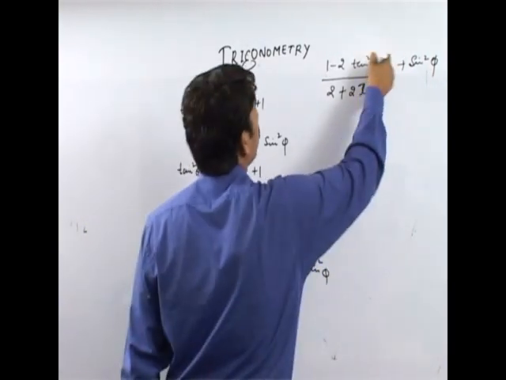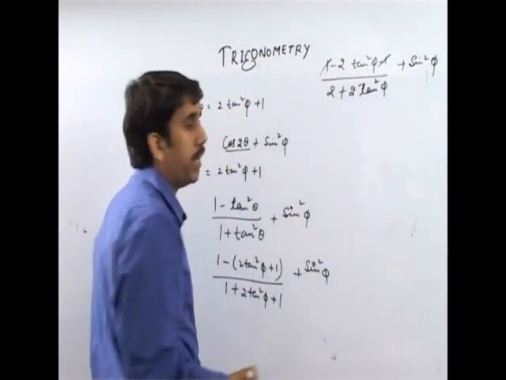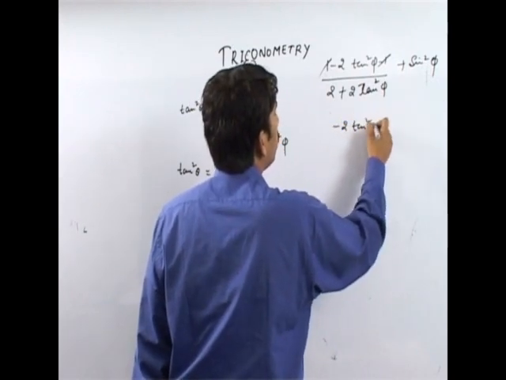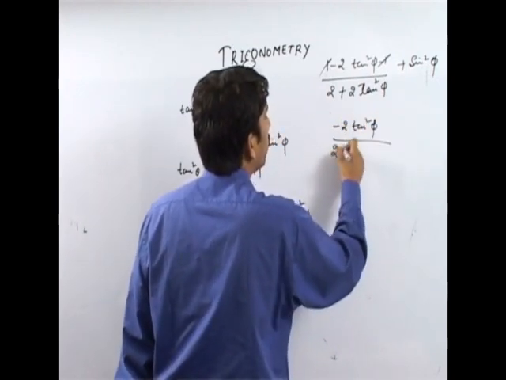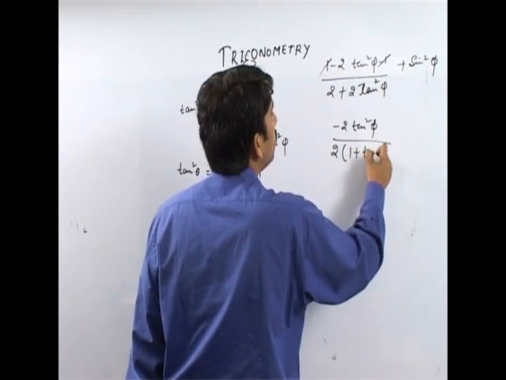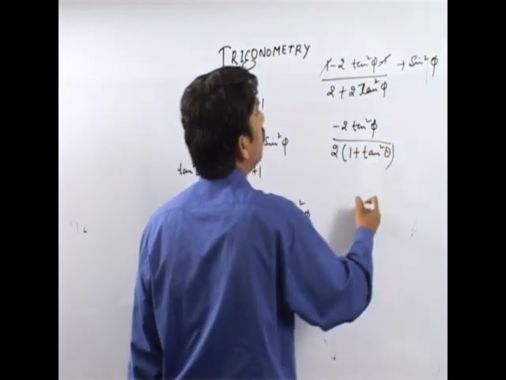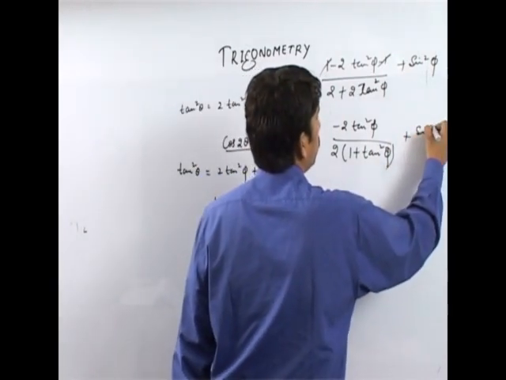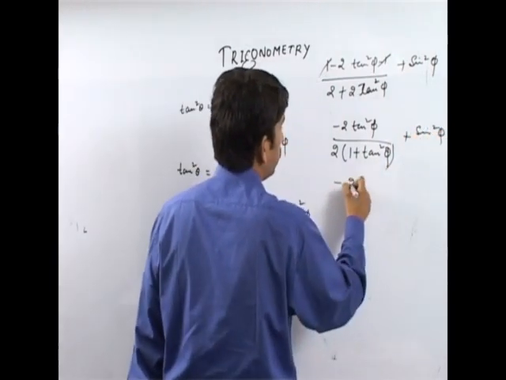This one will be cancelled out, and taking 2 common from the denominator, you will get 1 plus tan square phi, which is equal to secant square phi.